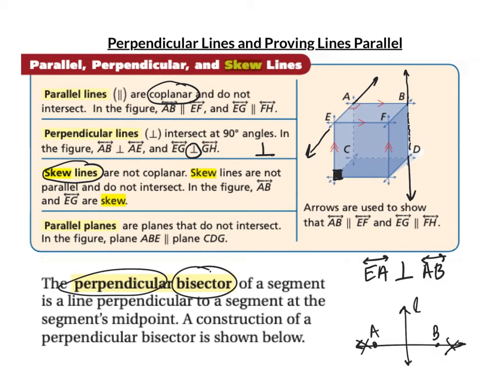Line L bisects AB if it meets at the midpoint. And if it's perpendicular also, keep in mind this is the midpoint. If it meets at the midpoint and meets at a right angle, it is the perpendicular bisector. So there's two things you know from a perpendicular bisector. It's perpendicular and it bisects.